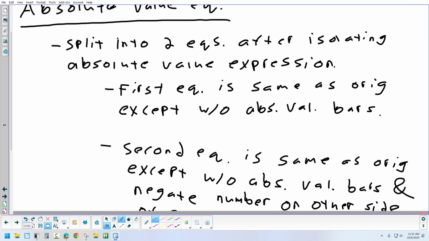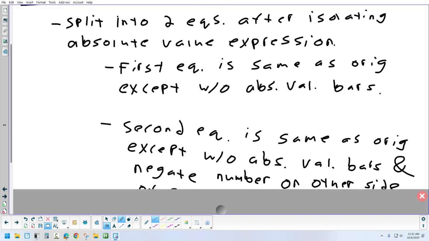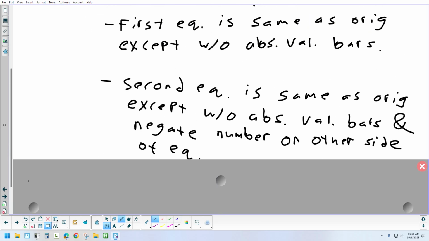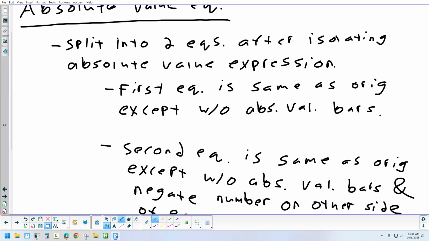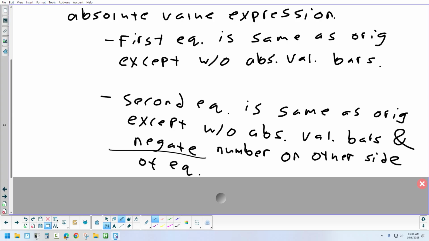It's the same as the original without the bars, but you make the number on the other side the opposite. That's what negate means. Make it the opposite. So first equation, same as the original without the bars. Second equation, same as the original without the bars, and make the number on the other side a negative, or make it the opposite.